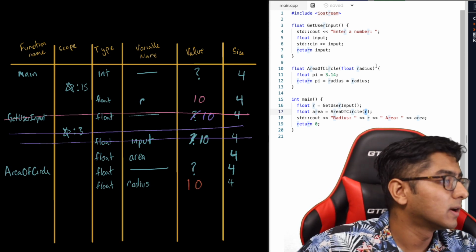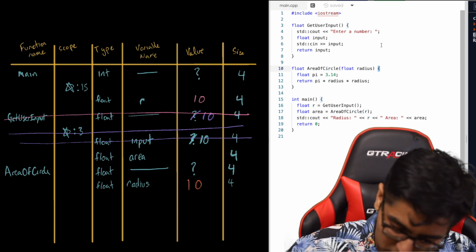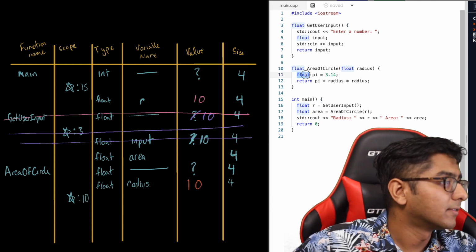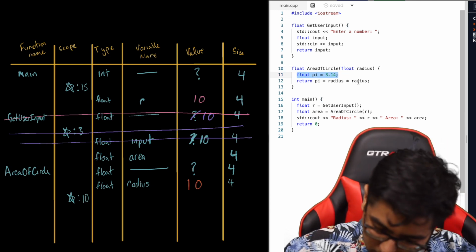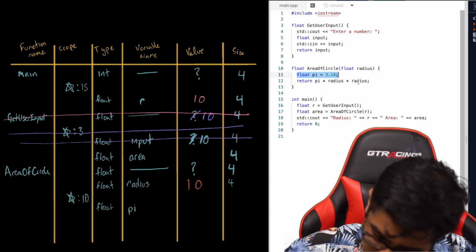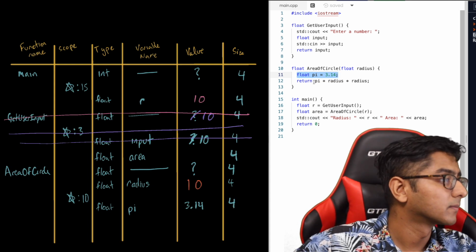And then I'm going to continue the rest of my function definition, which tells me to make a new scope on line 10. Line 11 asks me to make a new variable called pi of type float. The value of this is 3.14, and the size is going to be 4 as it's a float.